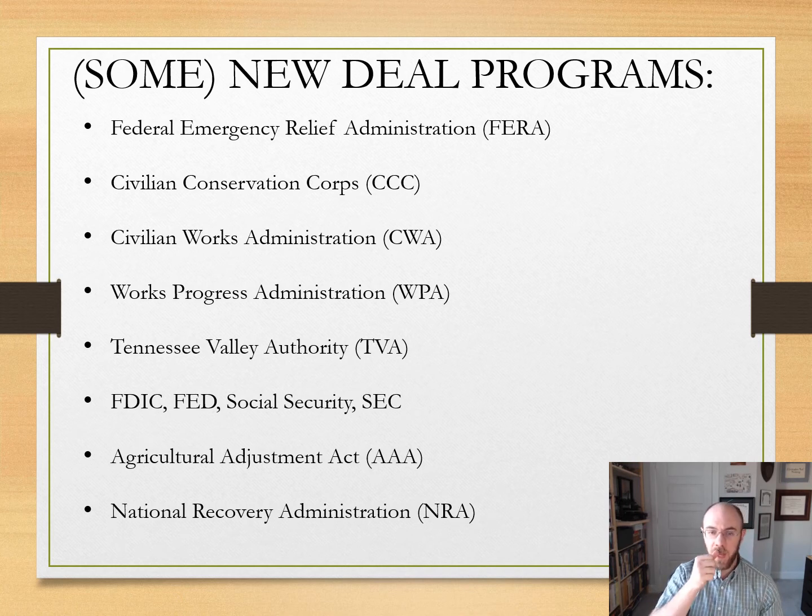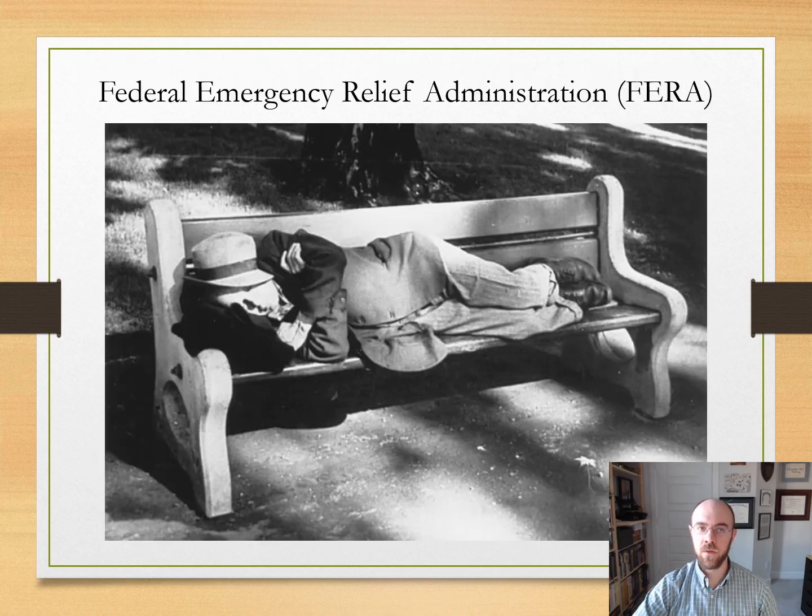Now you can see there's acronyms for a lot of these after the names. Now this is why this time period of the New Deal gets called the alphabet soup, because there's all these acronyms, all these different programs they're trying to see which one works.